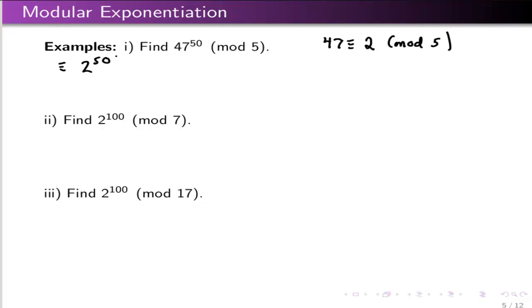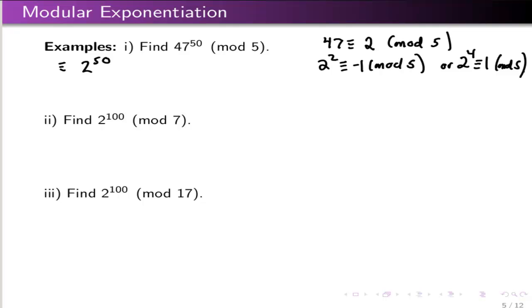And next, I want some power of 2, which reduces nicely mod 5. So I can either say that 2 squared is 4, which is negative 1, or I could observe, let's see, 2 cubed, that's no good, 2 to the 4th. 2 to the 4th is 16, which is 1. I could use either one of these relationships.